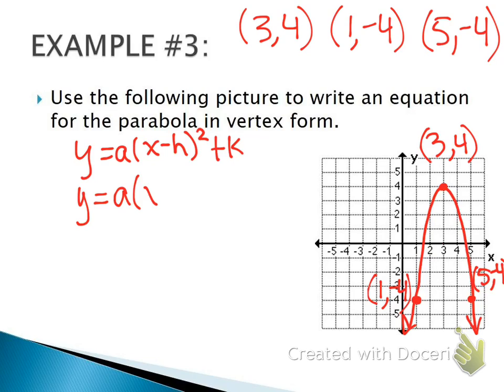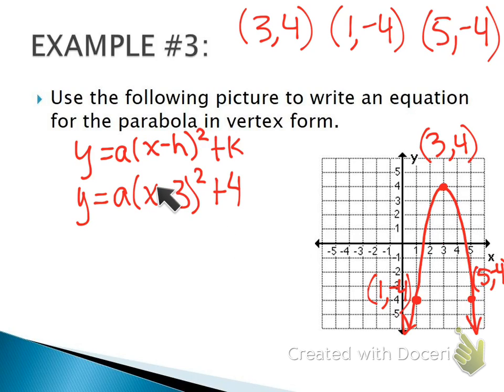Y equals a times x minus 3 squared plus 4. But now what's the other variable here that we need to turn into a number? A. We have not talked about a way to find A. So in order to do this, we are going to have to use one of the points that we have.